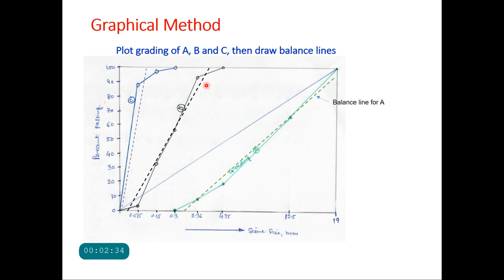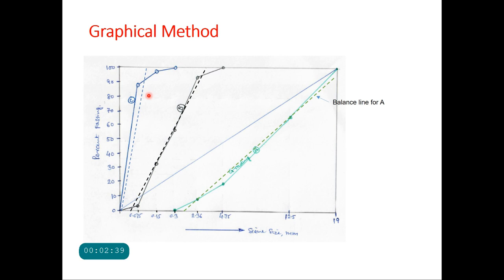Similarly for B, you draw a line here, and for C also you draw a balance line here. The area between the dotted line and the curve is balanced on both sides. That is the main criterion.